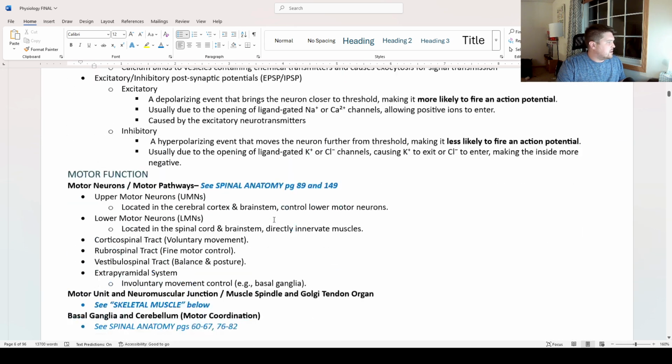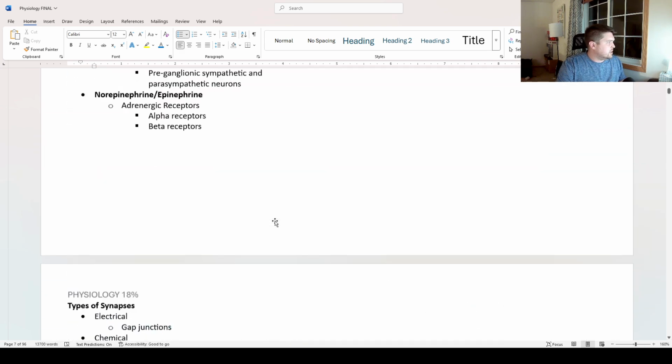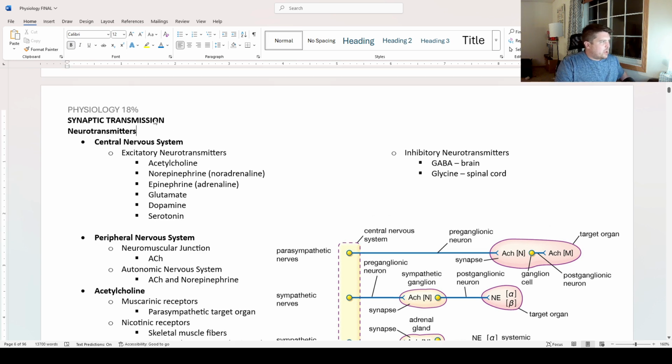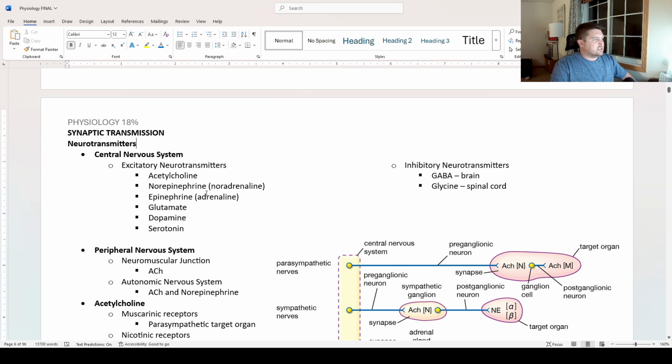We'll finish up synaptic transmission in this one. So synaptic transmission, we have lots and lots of different types of neurotransmitters. This is mostly just for a little bit of memorization, knowing which neurotransmitters are going to be excitatory and which ones are going to be inhibitory.